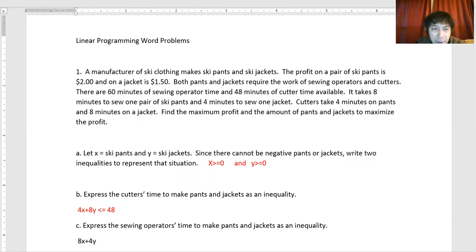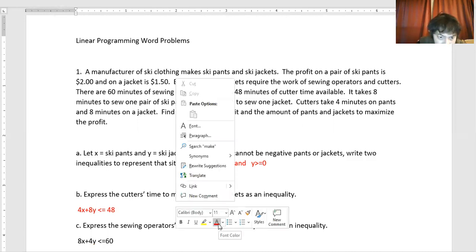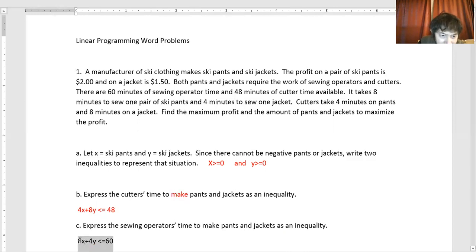And for sewing, the allowed time will not exceed 60 minutes. Under the third line, there are 60 minutes of sewing operator time. So this will again be less than or equal to 60 minutes. Again, we shall transform this to red.